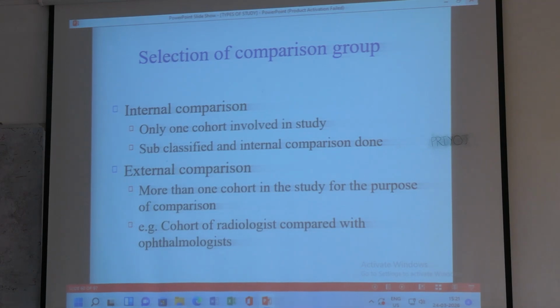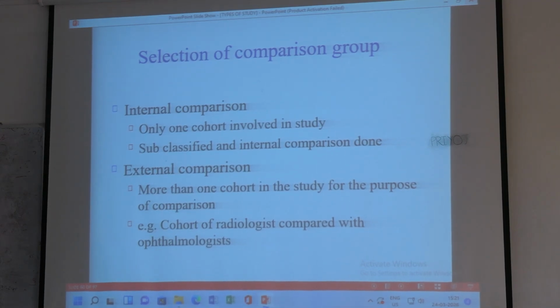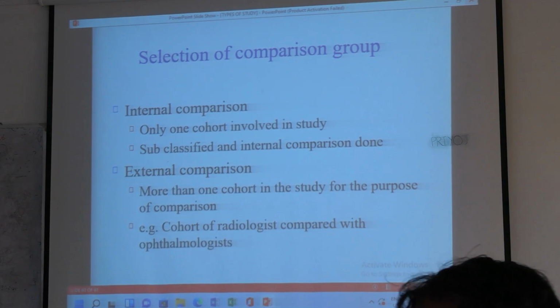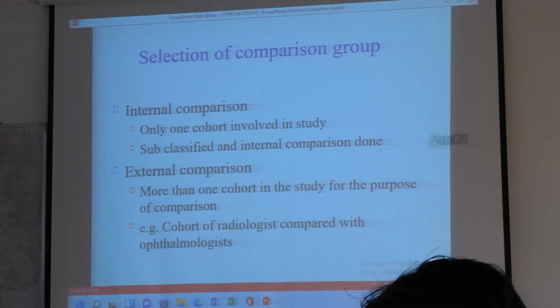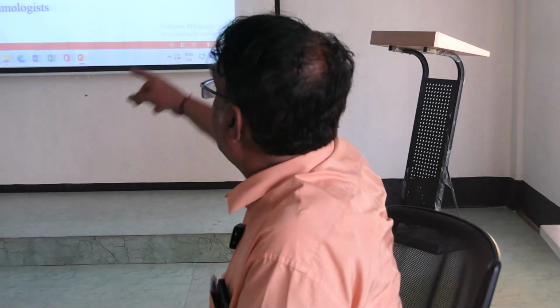The other one is more than one cohort. Say, a cohort of radiologists compared with a cohort of ophthalmologists. So why am I comparing radiologists with ophthalmologists? Any idea why? I am looking at cohorts of radiologists versus ophthalmologists, following them for 5 years.